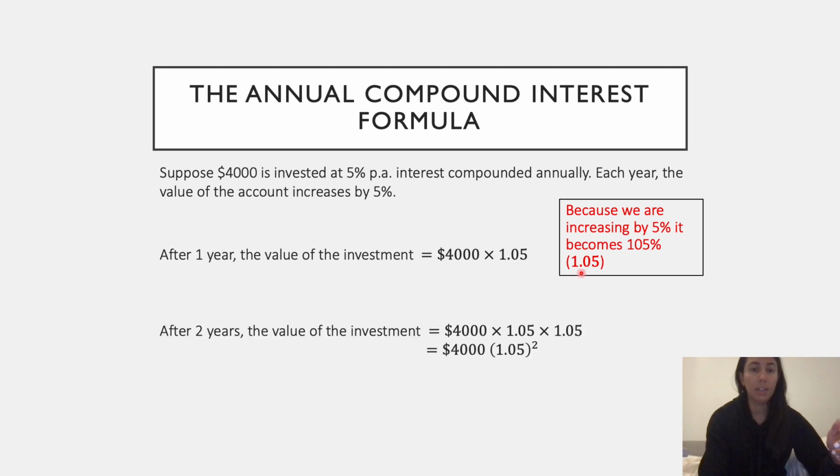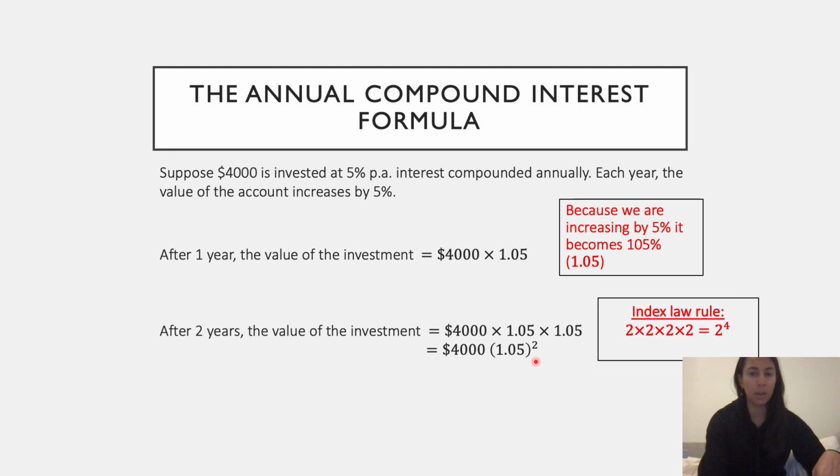So then after the second year, it would look like your 4,000 times 1.05 for the first year times another 1.05 for the second year. And to write that in a simplified version, it would look like this, because if you remember back to our index laws, if I had 2 times 2 times 2 times 2, that would be the same as writing 2 to the power of 4.